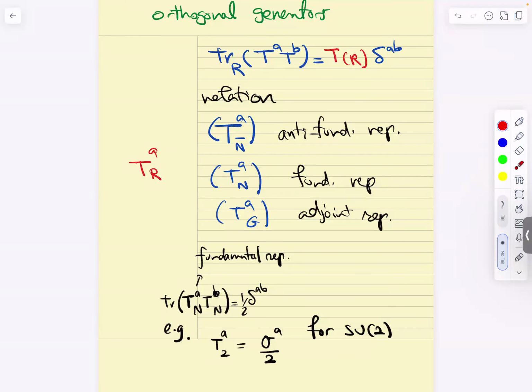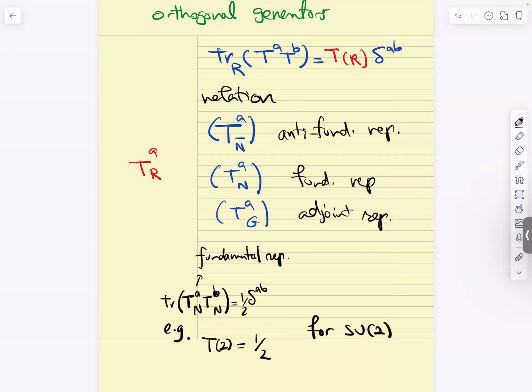Right? So for SU2, what do we say? We say that T of A of, this is really confusing, so it'd just be maximally confusing. T of A of 2 is, oh, sorry, half. What does this mean? Oh, no, my bad. What I'd written was actually correct. So here what I wanted to write is T of 2 is half.